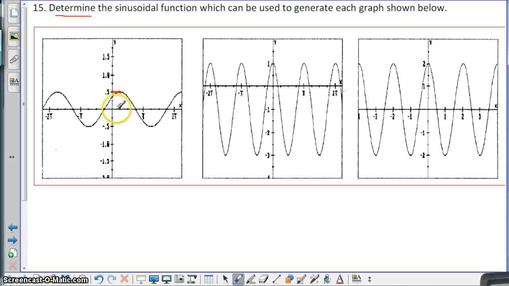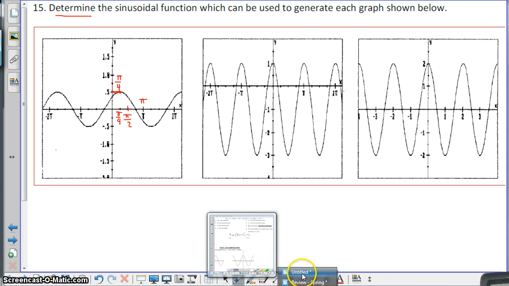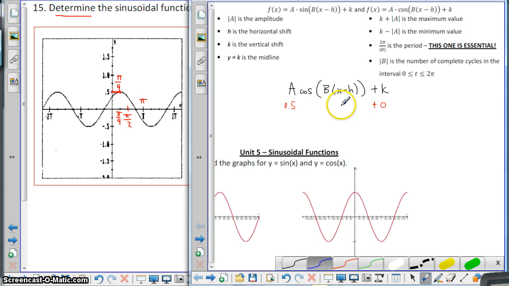What I'll try to notice here is that this is pi, so half of that would be pi over 2, and half of this would be pi over 4. So I know there's a horizontal shift of pi over 4. So going back to my equation, it's going to look something like x minus pi over 4.